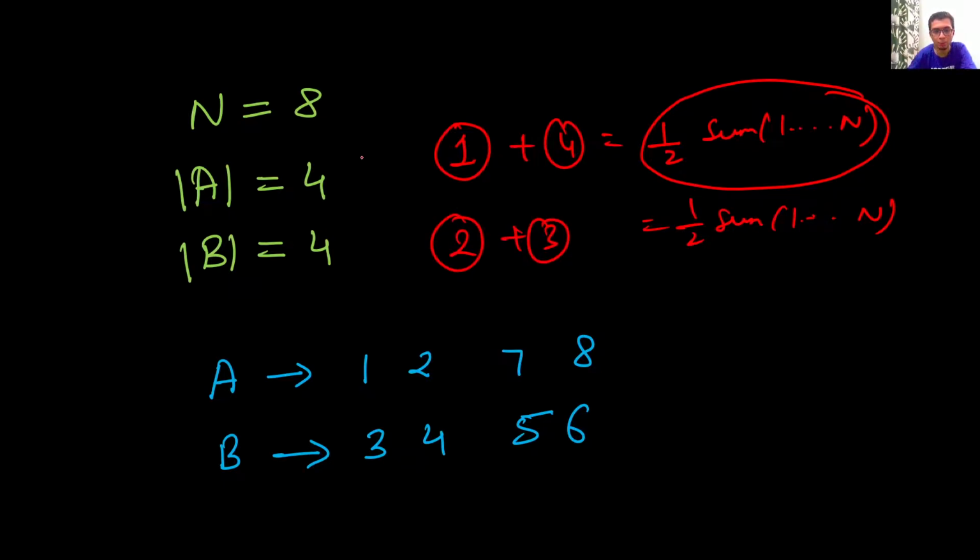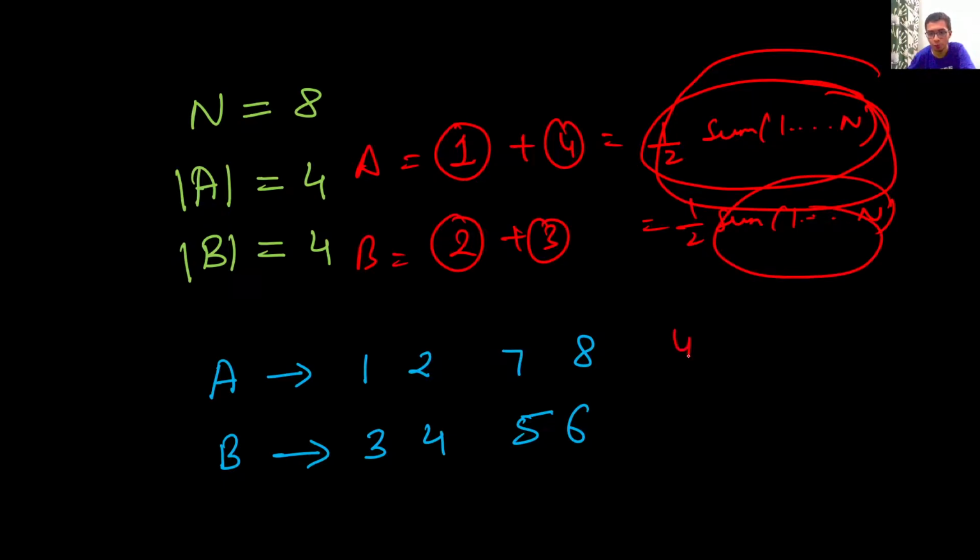So both A and B have an equal sum. So the fourth condition, that both A and B should have equal sum, is satisfied.